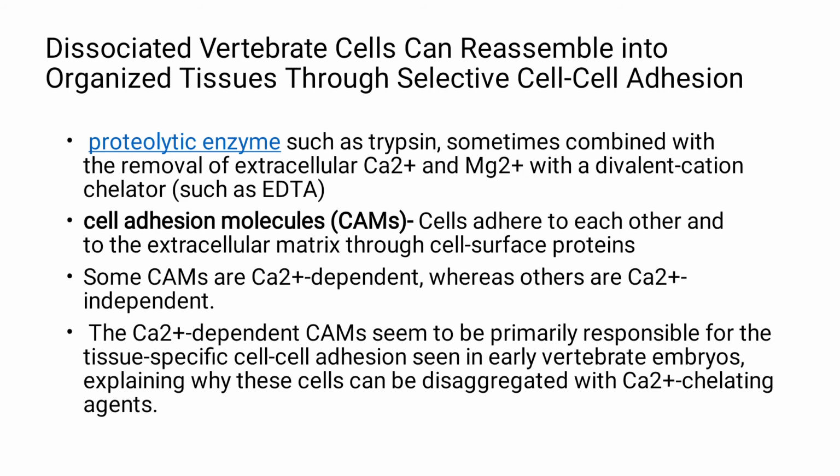The calcium-dependent CAMs can be seen as primarily responsible for the tissue-specific cell-to-cell adhesion seen in early vertebrate embryos, explaining why these cells can be dissociated with calcium chelating agents. CAMs were also initially identified by making antibodies against cell surface molecules and then testing the antibodies for their ability to inhibit cell-to-cell adhesion in a test tube.